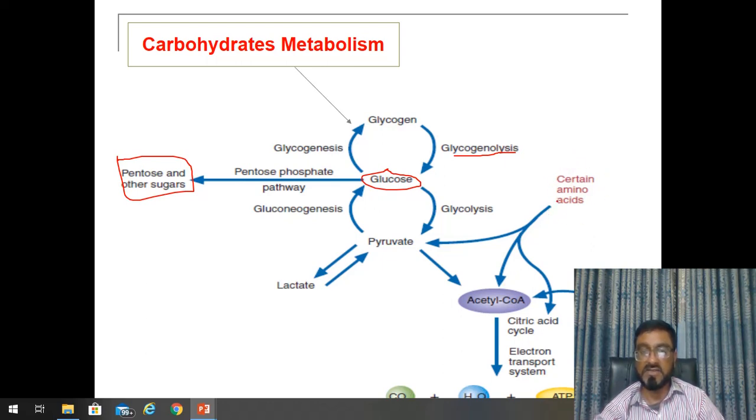Acetyl CoA is also produced from fatty acids; some fatty acids are converted into acetyl CoA. All of that acetyl CoA goes into the mitochondria, where the citric acid cycle happens and where the electron transport chain system exists. So acetyl CoA is responsible for the production of ATPs.